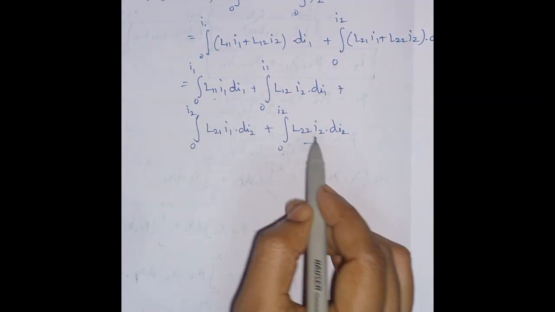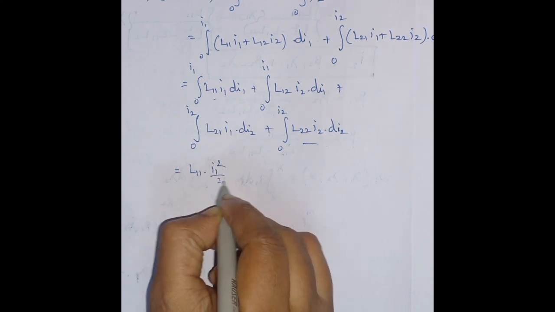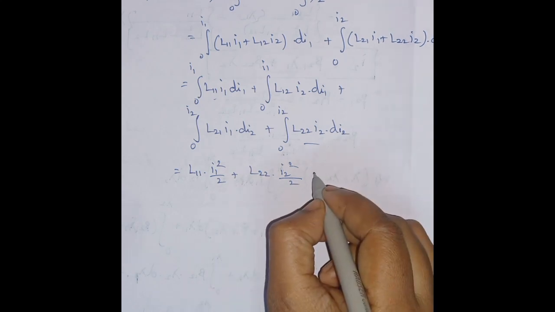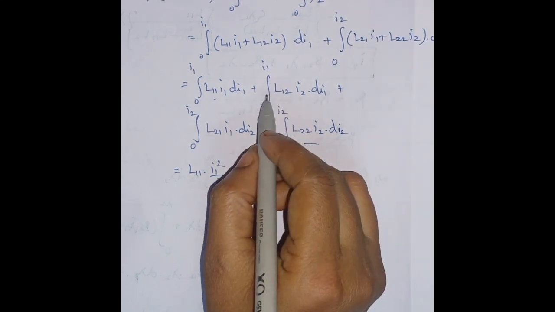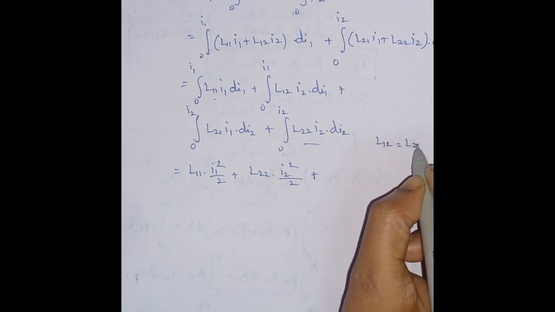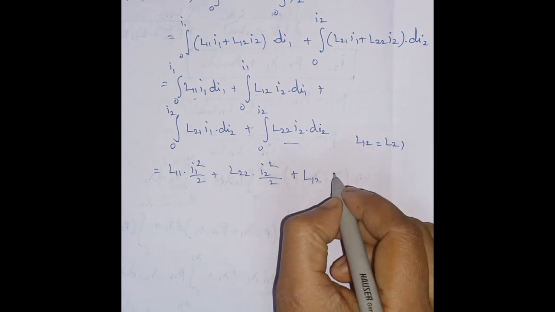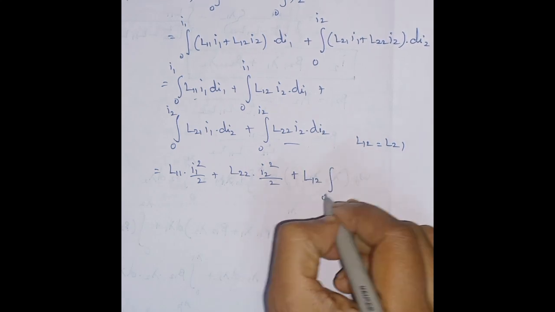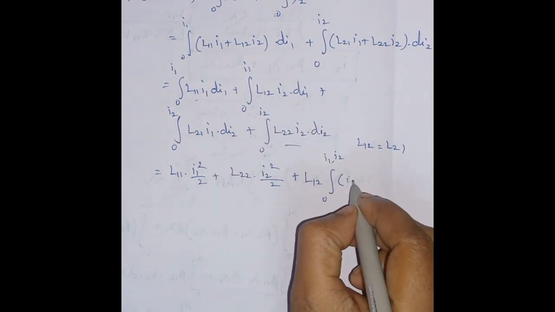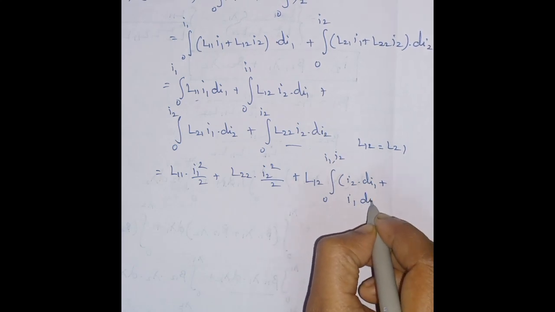The first term and third term we can directly integrate. So what we get: L11 I1 square by 2 plus, for the third term, L22 I2 square by 2, correct? The second and fourth terms we can write as usual, L12 is equal to L21. So both are equal, hence I will take only one component and the remaining components are common. 0 to I1 I2 integration. So I can write this as I2 di1 plus I1 di2.